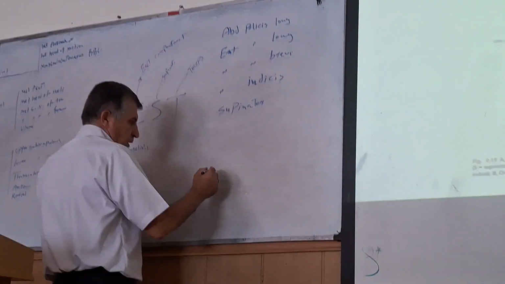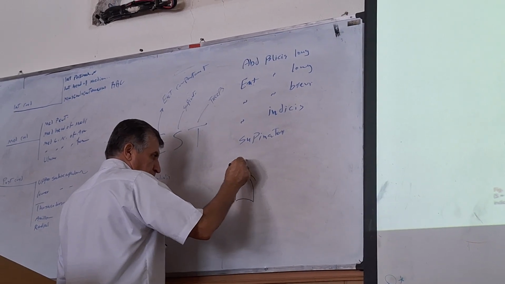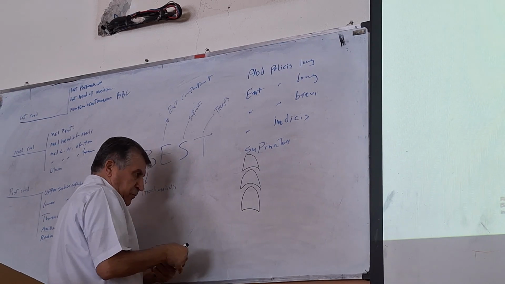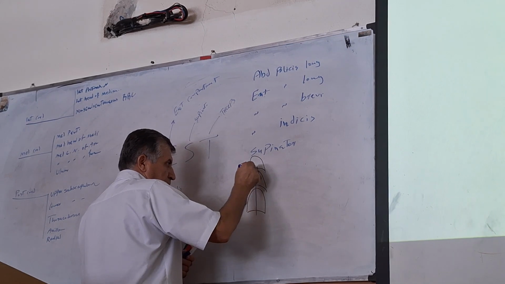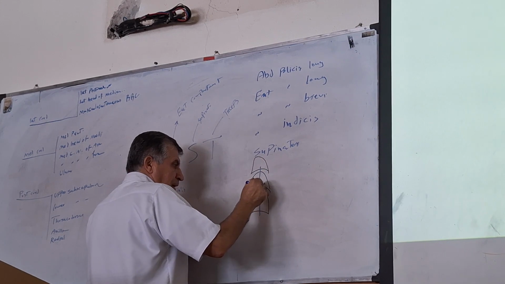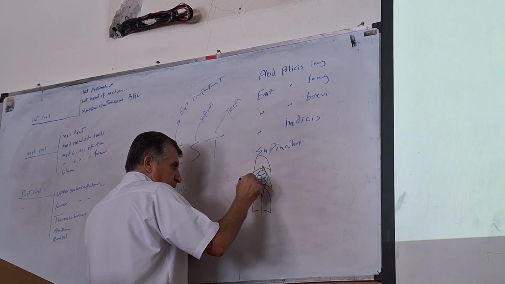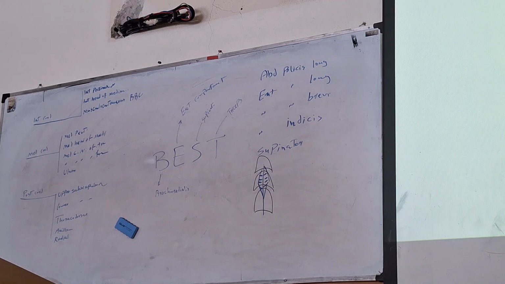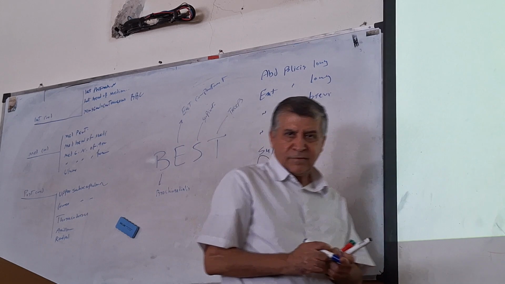This is the proximal phalanx, middle phalanx, and distal phalanx. This is a tendon attached to the base of the distal phalanx and middle phalanx, and forms a special structure. This muscle is in the posterior compartment.